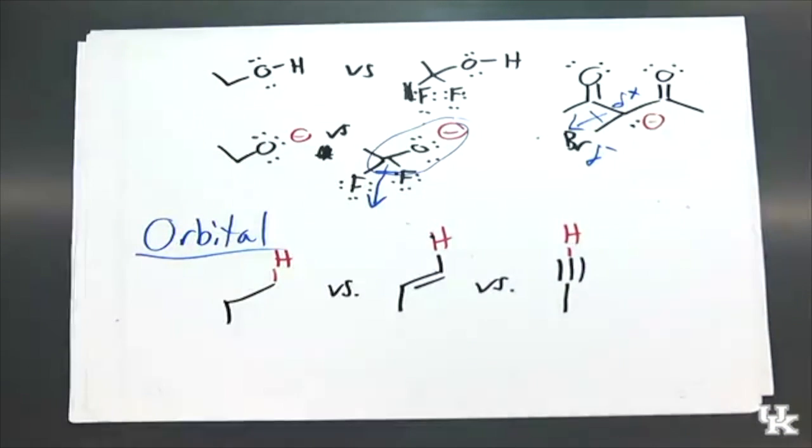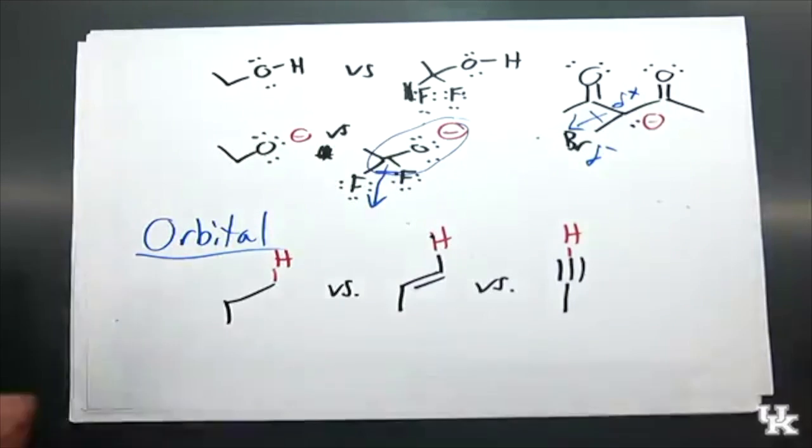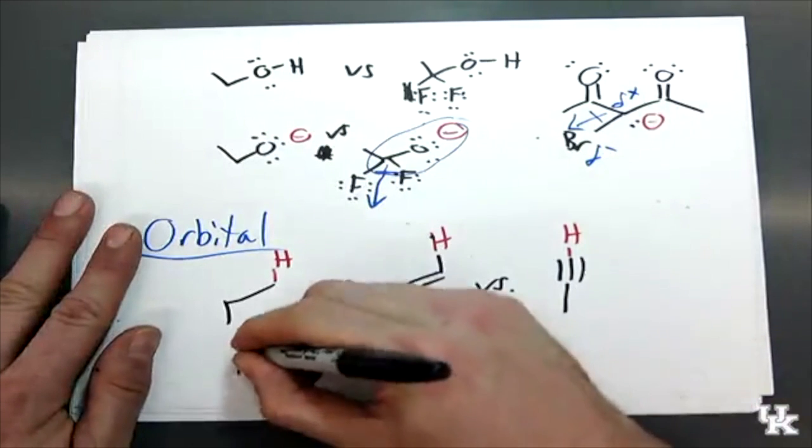Which of those hydrogens is going to be the most acidic? Or which conjugate base will be the most stable? Let's draw the conjugate base first, because that's always what we do first.